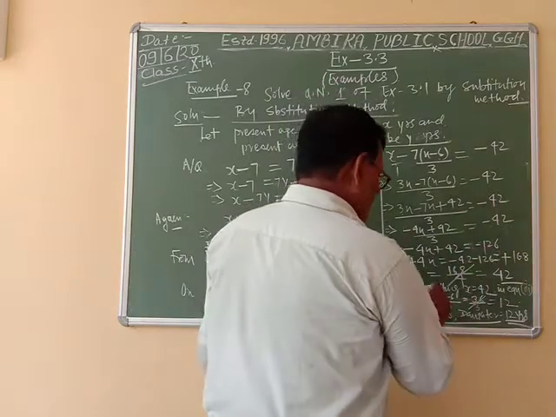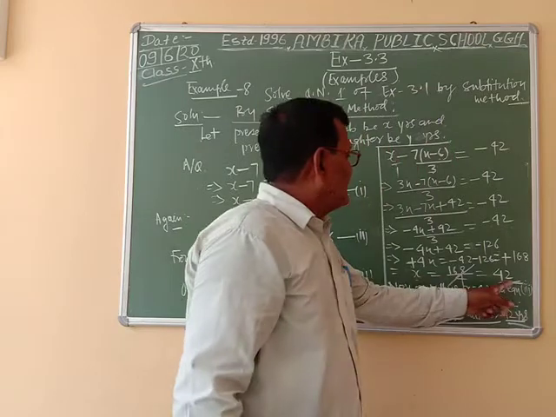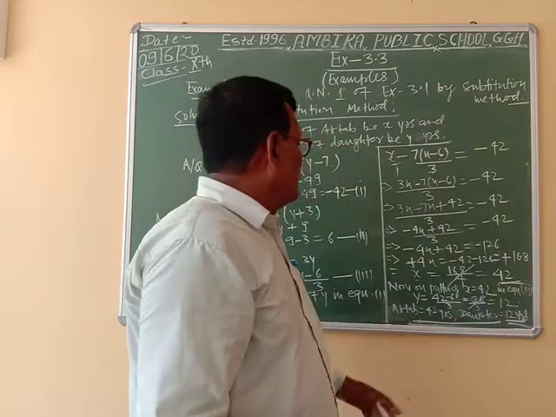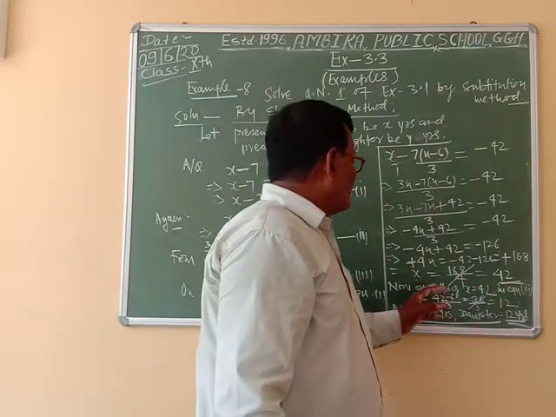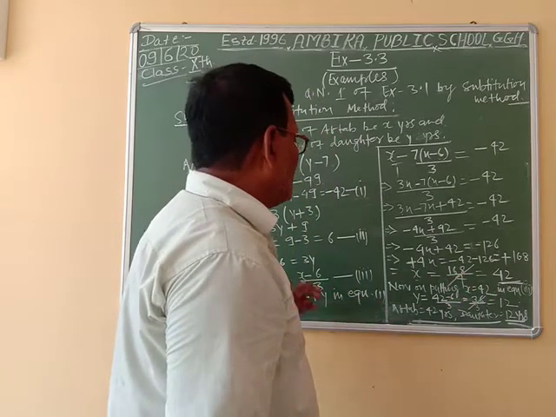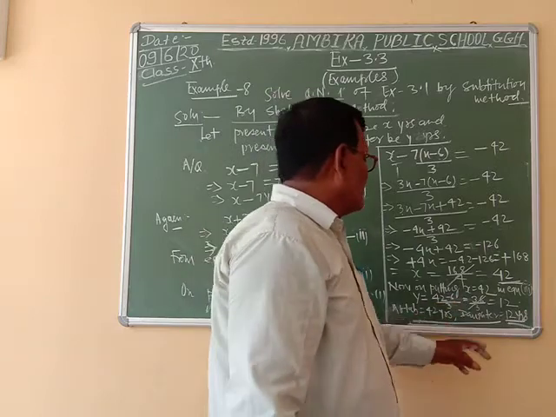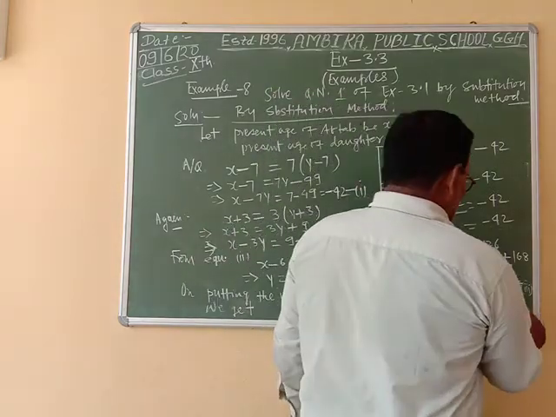Solving, we have x is equal to 42. Hence the present age of Aftab is 42 years, and putting the value of x in equation number 3, we get the value of y is equal to 12. Hence the present age of daughter is equal to 12 years.